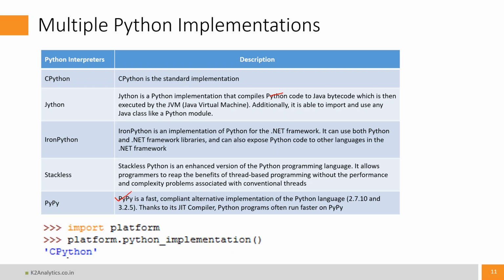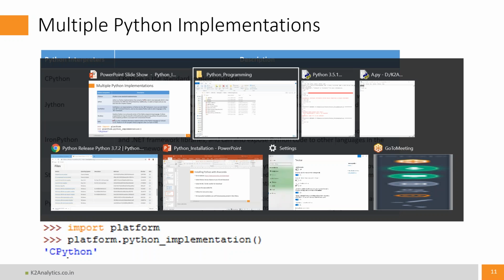Codes are actually created in modules. The entire code is not written in one file. The code is broken down into smaller files. So different libraries provide you different functionalities, and one of the libraries is platform, which tells you what the implementation is. Is it based on C? Is it based on Java? So let me import the platform library.